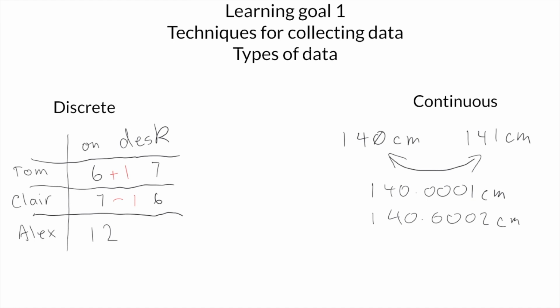They actually use a proper stopwatch, which goes into hundredths of a second. Again, on top of that, you can get extremely high-speed cameras that may go into thousandths and millionths of a second. So, as you can see there, time is another continuous form of data that is really only limited by how accurate our measuring device is.